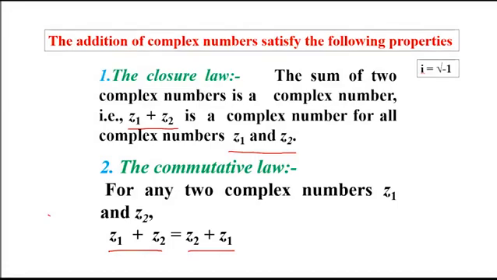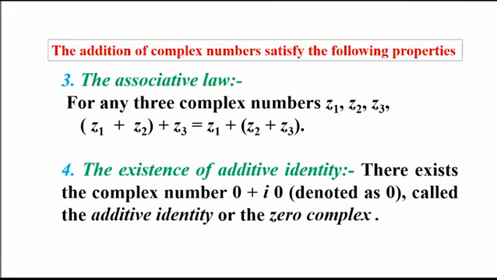The same method. Again, the third law, the associative law. For any three complex numbers z1, z2, z3, z1 plus z2 plus z3 is nothing but z1 plus z2 plus z3 grouped differently, which satisfies the associative property.